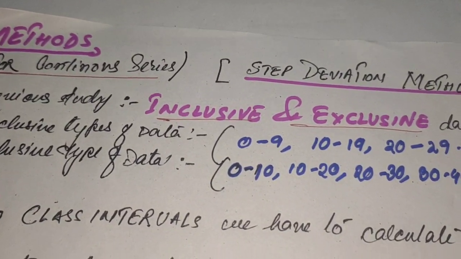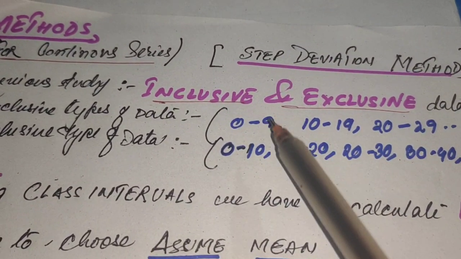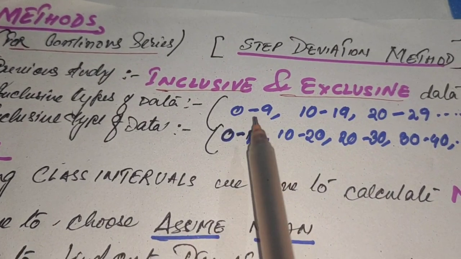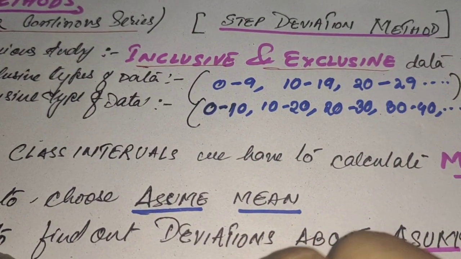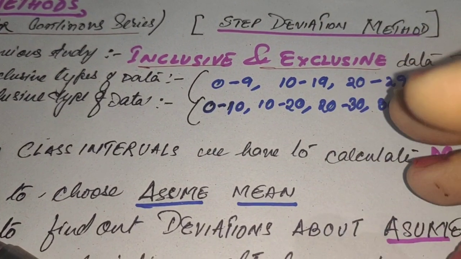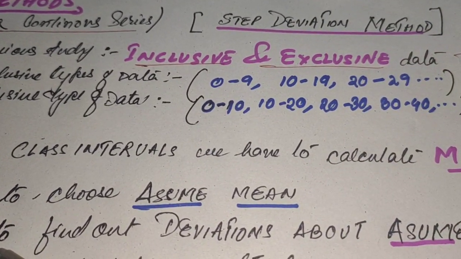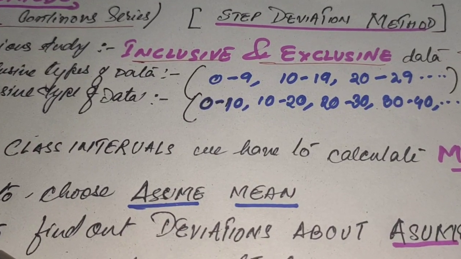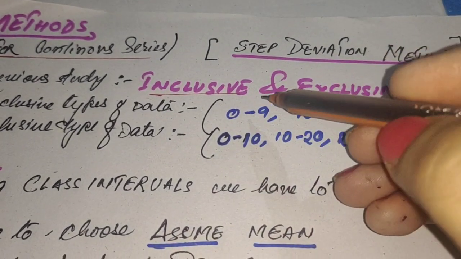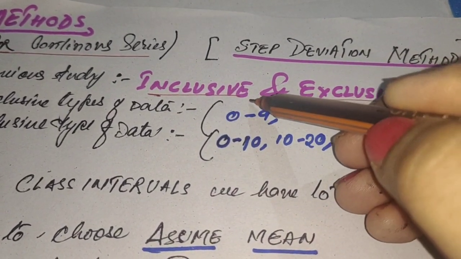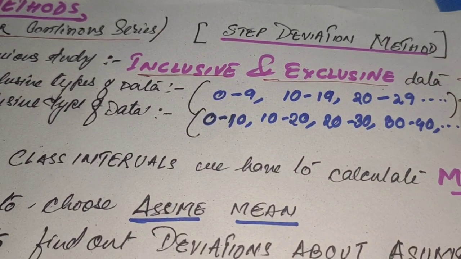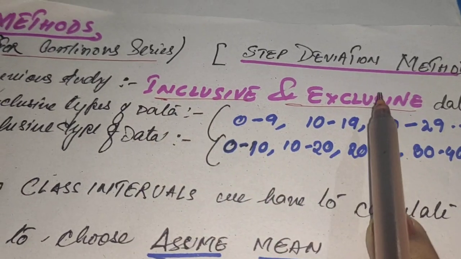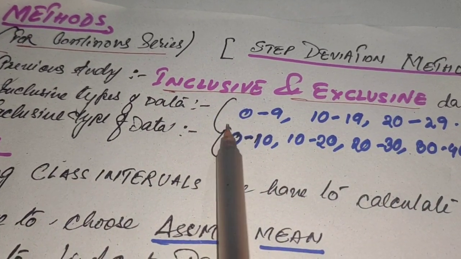Inclusive type of class interval means that when we take the class interval from 0 to 9, you can count 0, 1, 2, 3, 4, 5, 6, 7, 8 and 9. If you count all together, including 0 and 9, we get 10 values. Like that, here also we get 10 values and so on. This is inclusive type of class interval or inclusive type of data.